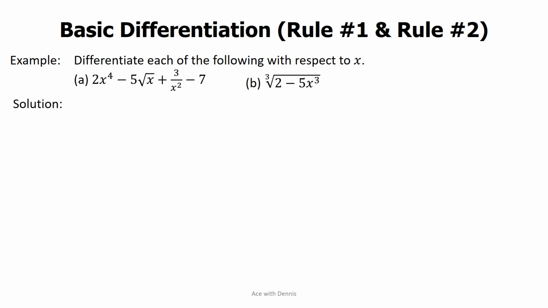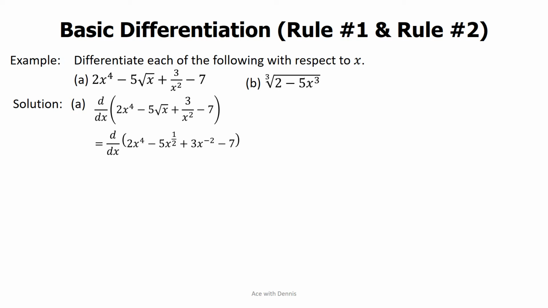Here is the solution. For A, differentiation of this whole expression, right? The first step, what you need to do is put them into indices form, where it will become 2x to the power 4 minus 5x to the power of half plus 3x to the power of negative 2 minus 7. Then we can apply rule number 1.